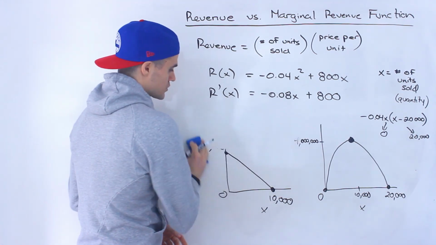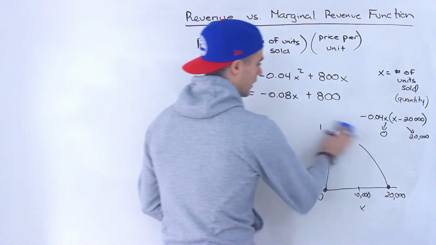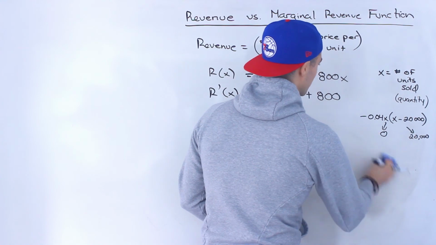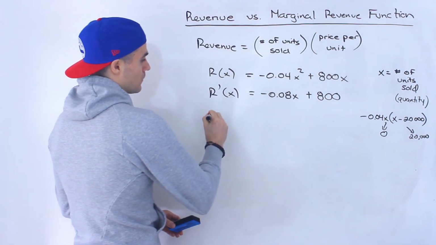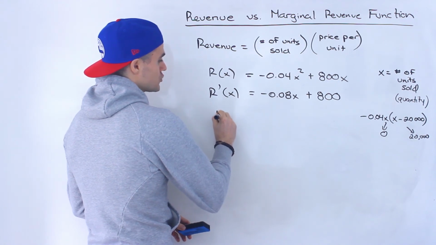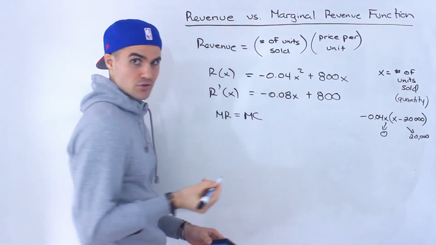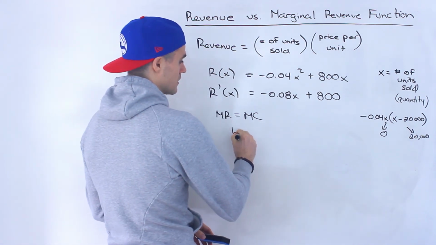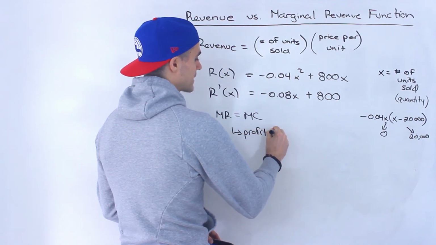Another use of marginal revenue, and we're not going to go into detail on it in this video but we will in a future video, is that you can compare it to the marginal cost. When the marginal revenue equals the marginal cost, this is when profit is maximized.